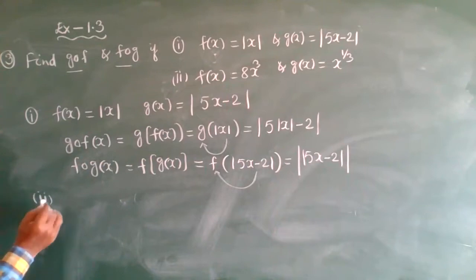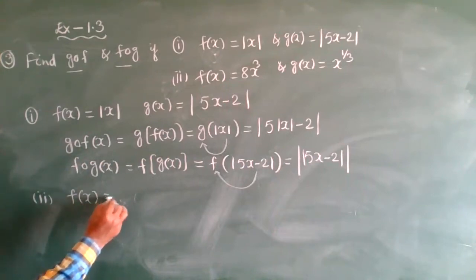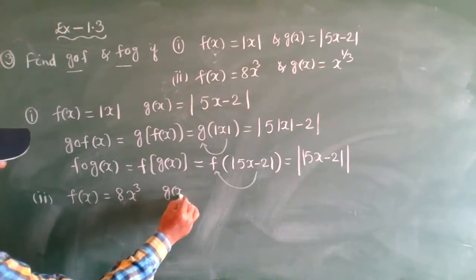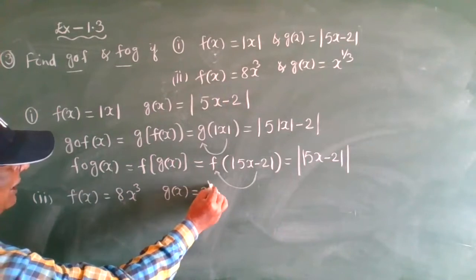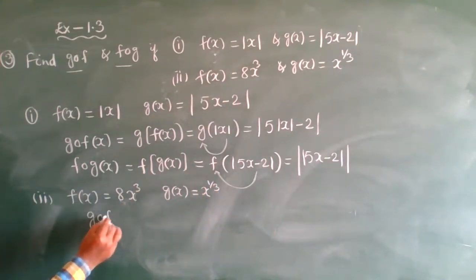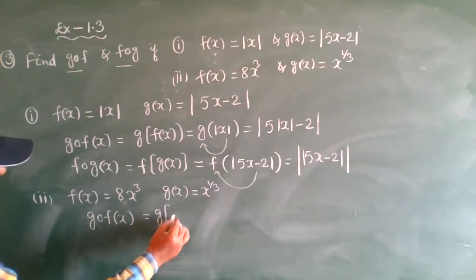Second bit is f of x is equal to 8x cubed, g of x is equal to x power of 1 by 3. First, g circle f at x, g of f of x.